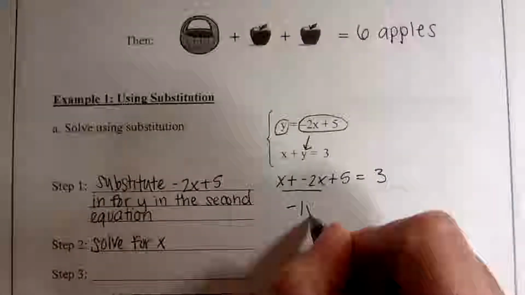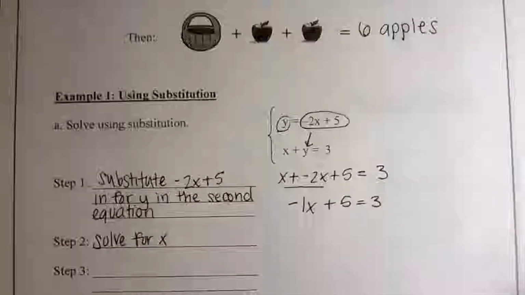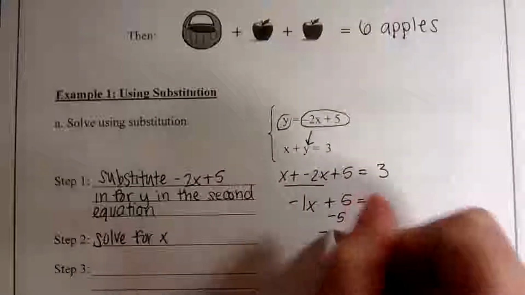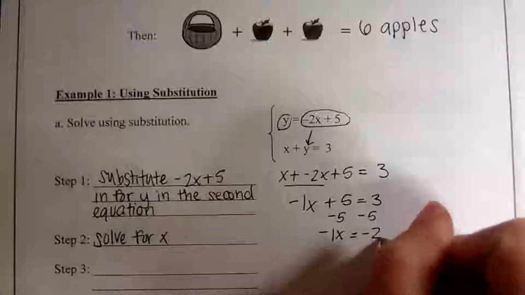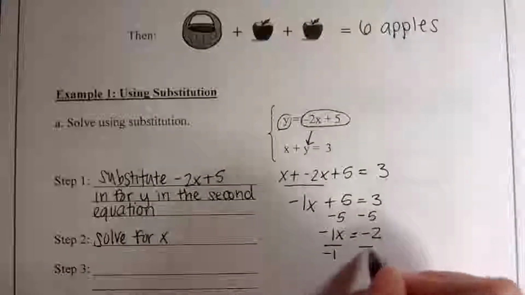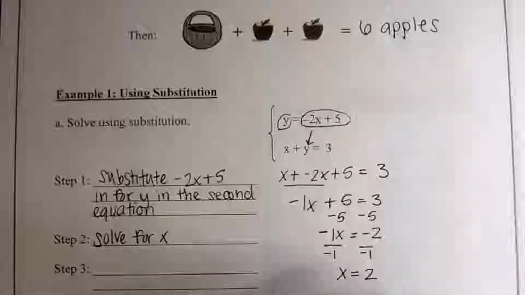Negative 1x. Bring down the plus 5 equals 3, and then what do I do next? Subtract 5 from both sides. So negative 1x equals negative 2, and then what? Divide by negative 1. So x equals positive 2.